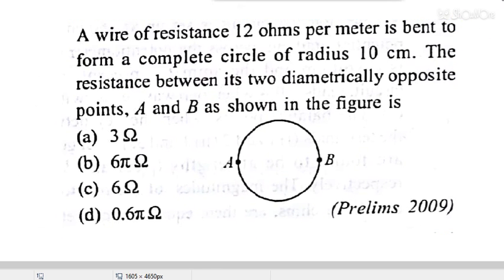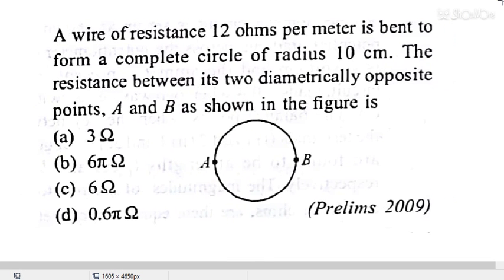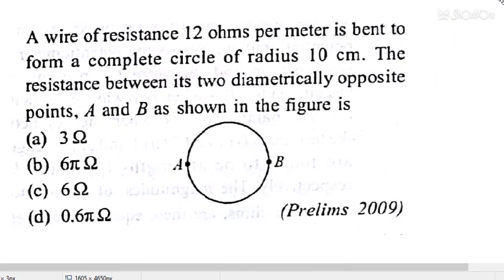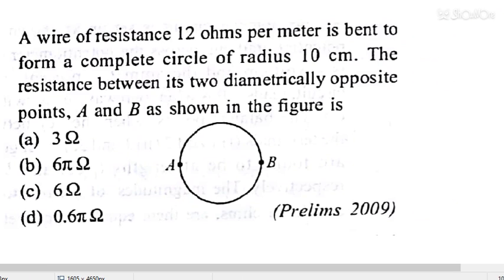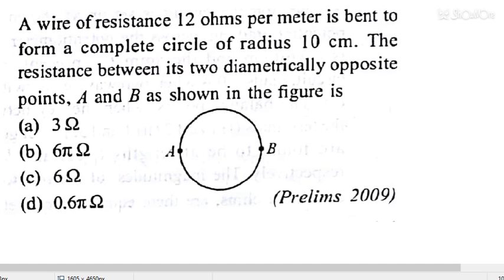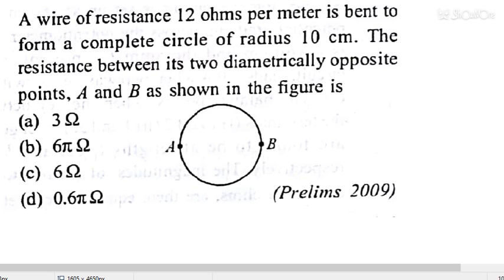So you can see here the question is that we have a circle, we have a resistance of 12 ohm per meter. When I converted it into a circle, meter is in the denominator, 12 ohm per meter.